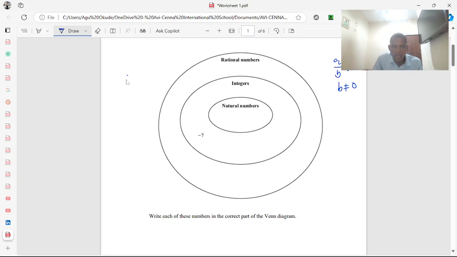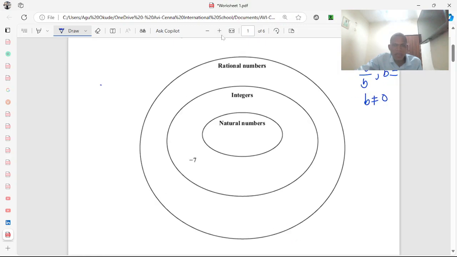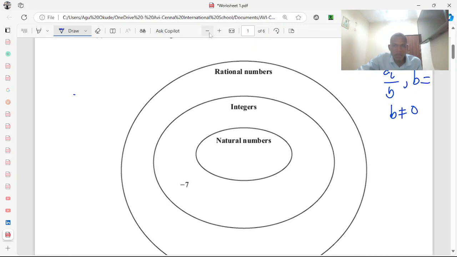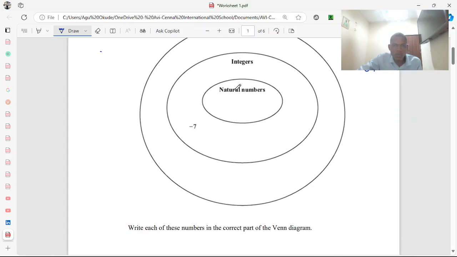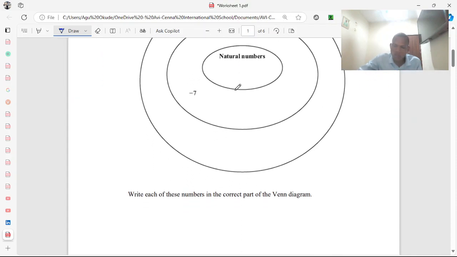Take note. Now, what are integers? Integers basically means whole numbers, positive or negative, including 0. Then what are natural numbers? This means counting numbers, which include numbers from 1, 2, 3 and above, excluding 0.